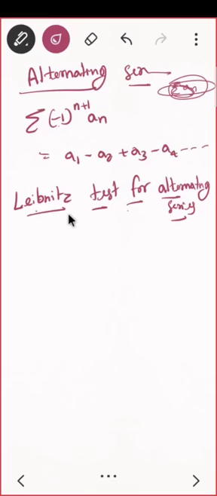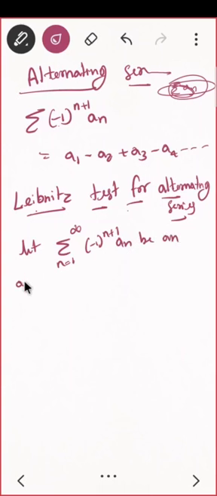And what does it say? Let us quickly write. Let summation n equal to 1 to infinity (minus 1) raised to n plus 1 a_n be an alternating series where a_n is positive. And suppose it satisfies two conditions.